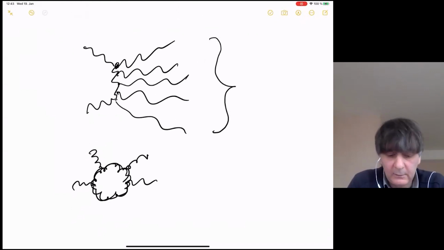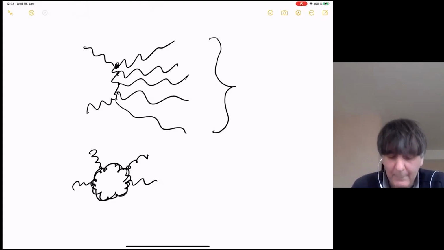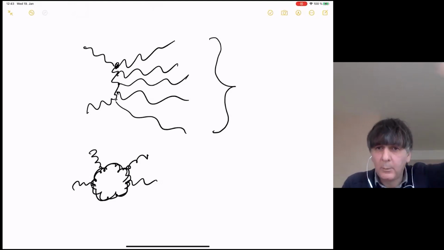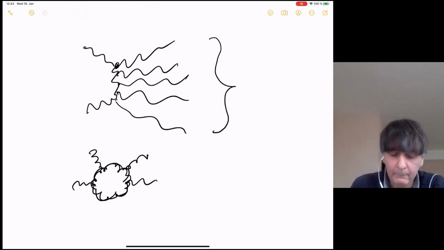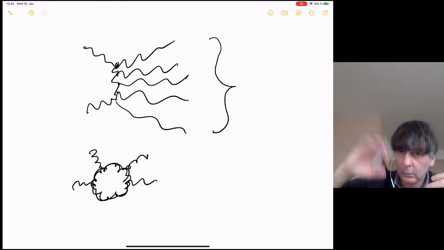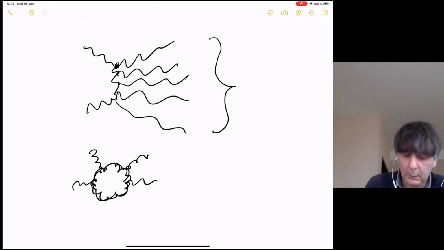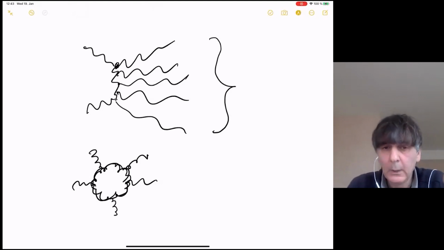There is no kinematic restriction on the momenta of virtual gravitons. I mean, there are some kinematic restrictions, but the momenta of virtual gravitons can be arbitrarily high. Because of this, the loops in gravity are cutoff sensitive. We'll come back to this discussion when we discuss sensitivity to the cutoff, okay? But this is something to remember, okay?